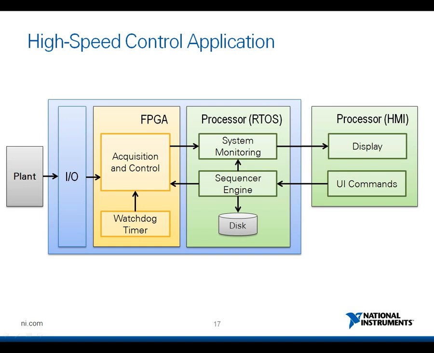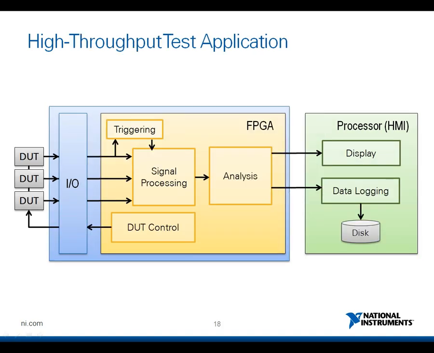We can also take a look at a high-throughput test application. High-throughput test applications are typically acquiring data at extremely high rates and performing high-speed analysis upon a trigger condition. Rather than sending large waveforms and data sets to a CPU for processing, we can perform all our processing and analysis in hardware and only send the measurement results from the FPGA.